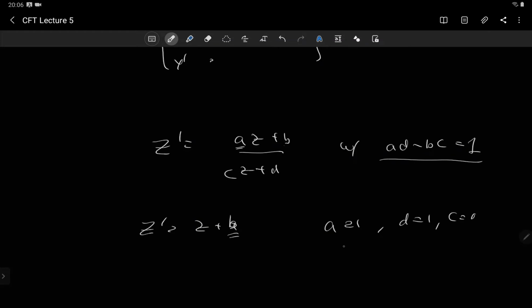Then you see this satisfies this equation, and it is of this form. So a is 1, b is b, d is 1, and c is 0, and ad minus bc is 1.